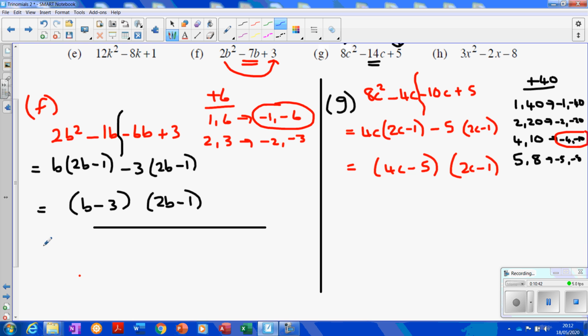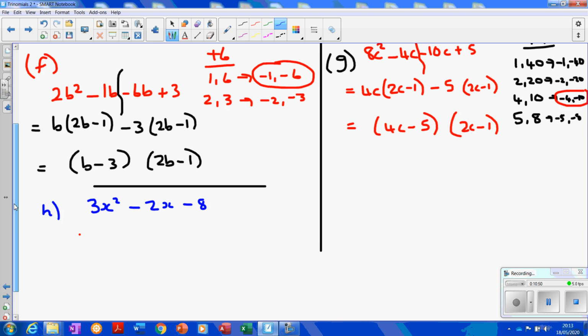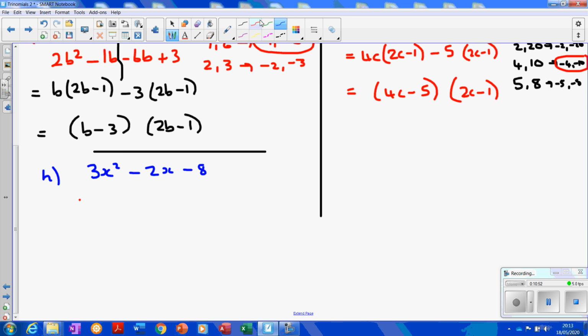Okay, one more to go. For part H, we've got 3x squared minus 2x minus 8. Same thing. So do your 3 times minus 8, and this time it's minus 24. So factors of 24 are 1 and 24, 2 and 12, 3 and 8, 4 and 6, 5 doesn't divide into it, 6 and 4.